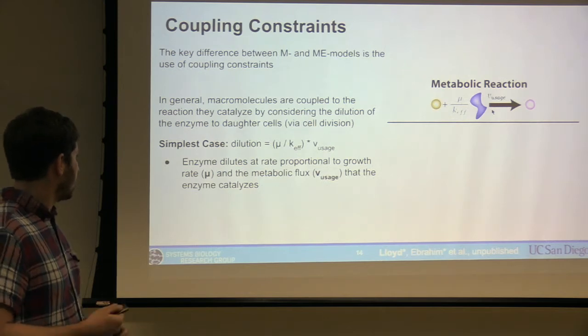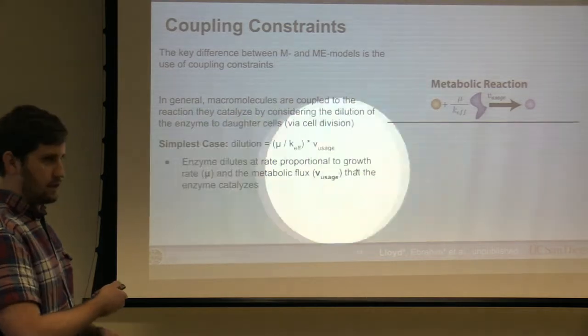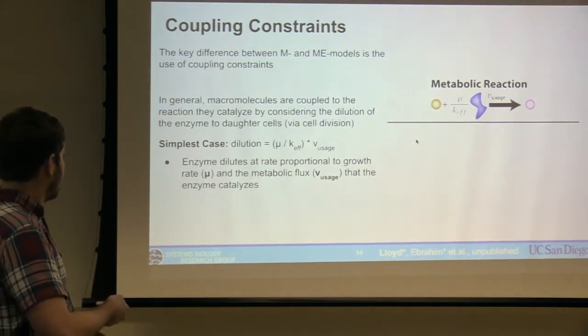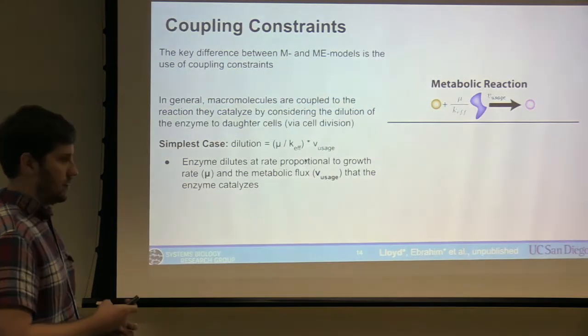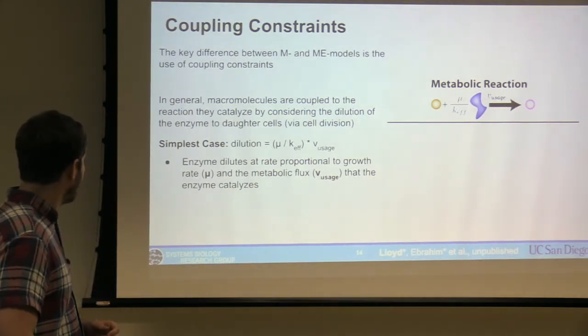Basically what this means is that the enzyme is going to dilute at a rate proportional to its growth rate. So the faster it's growing, the more that's going to be diluted to its daughter cells. And then there's the actual usage of that complex, so the rate at which that enzyme is actually catalyzing different fluxes throughout the network.